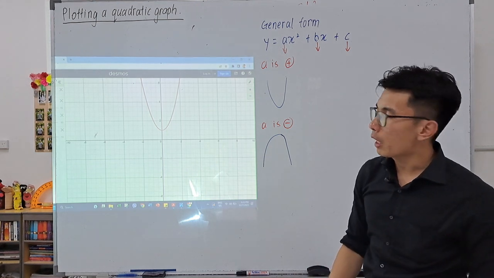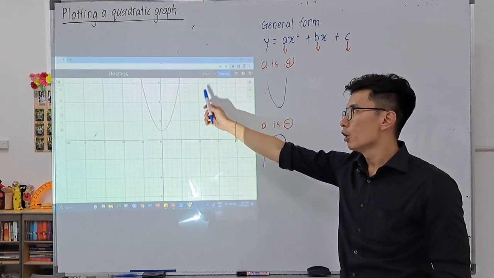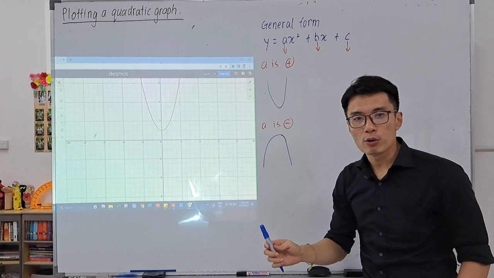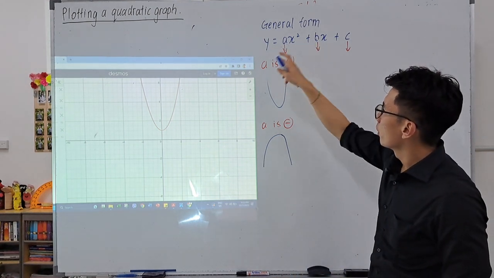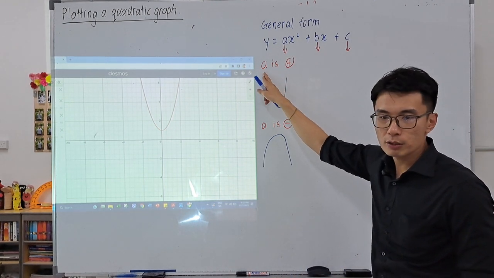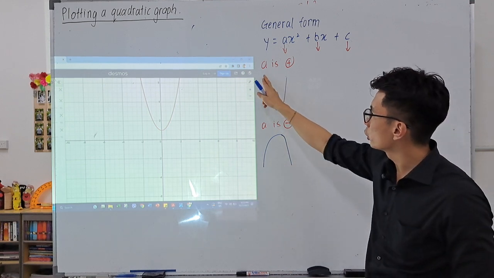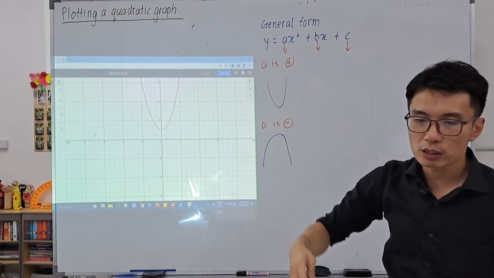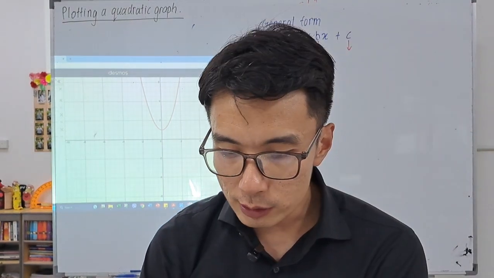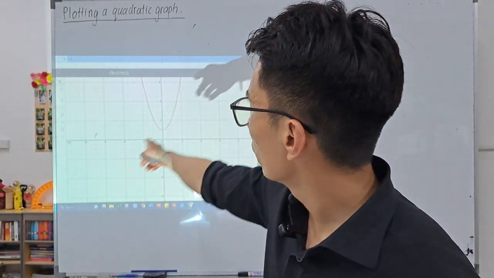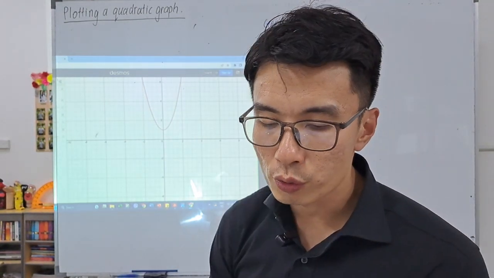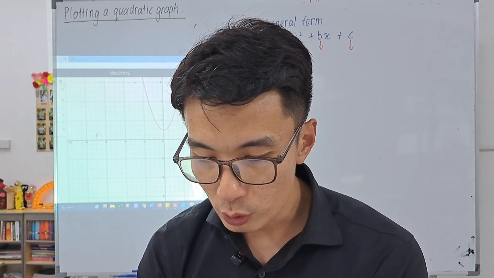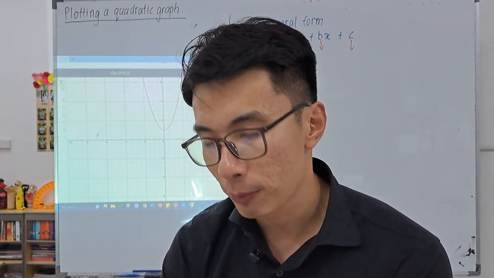Now, at the same time, I will show you what will happen to this graph when I play with the value of a. When my a is positive, it's a smiling face. Let's show you what will happen if I make this negative. I'm going to adjust the a value. Look at what happened to the graph.